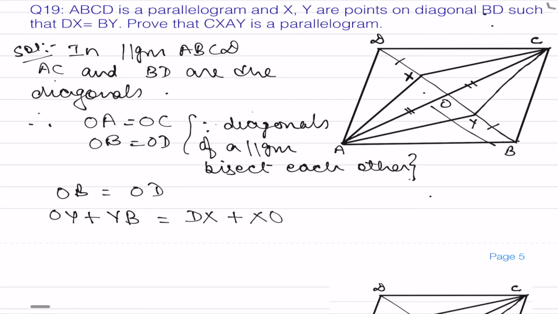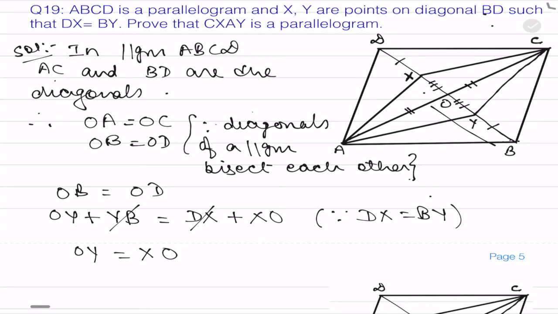Now it's given in the question that DX is equal to BY. So DX and BY both are equal. So from both the sides we will cancel them. So what is left? OY is equal to OX.